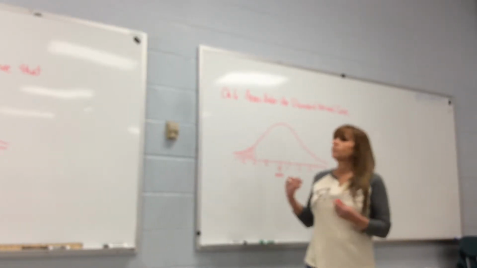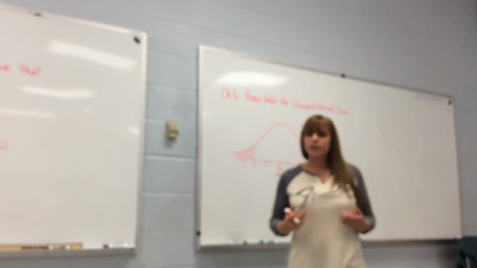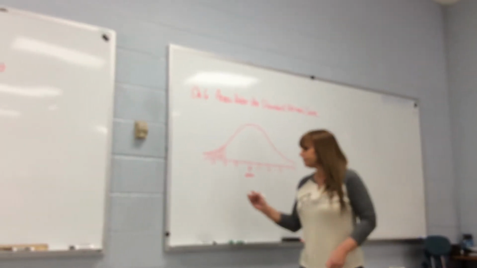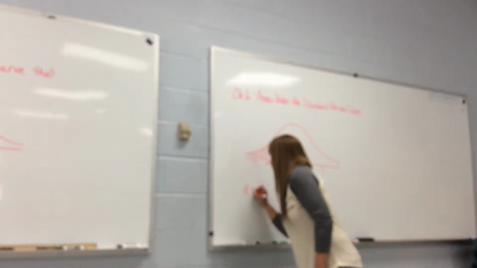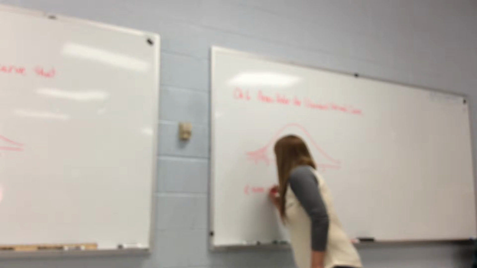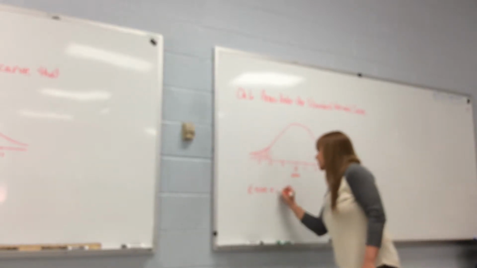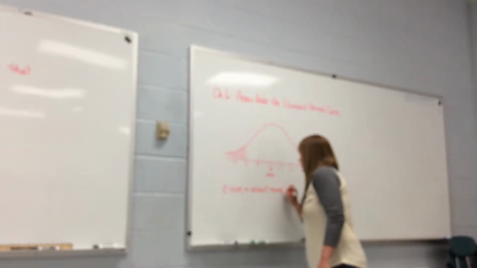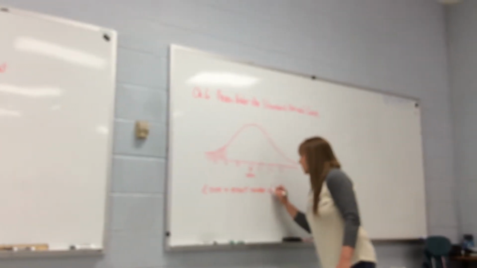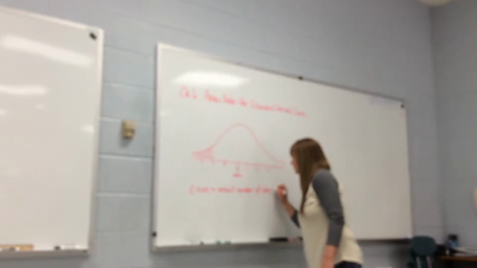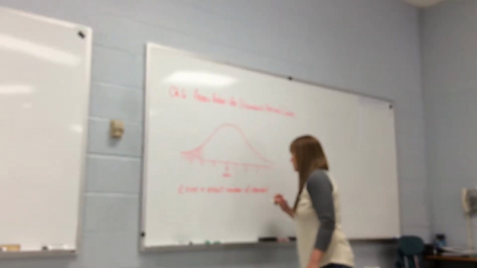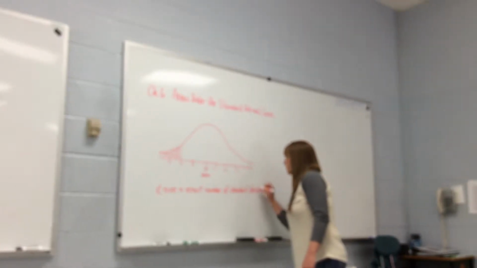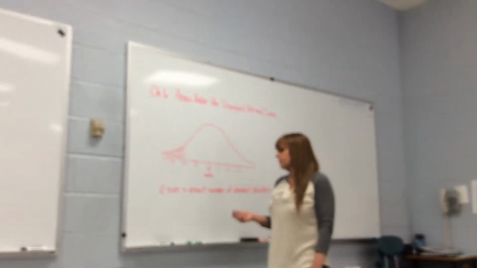Before we begin with finding the area, we have to understand something about z-scores first. So a z-score is the equivalent of the exact number of standard deviations a specific value is, okay?